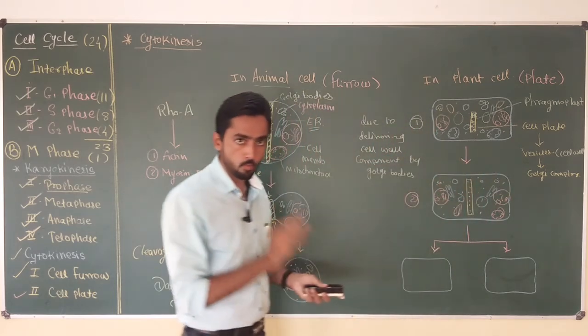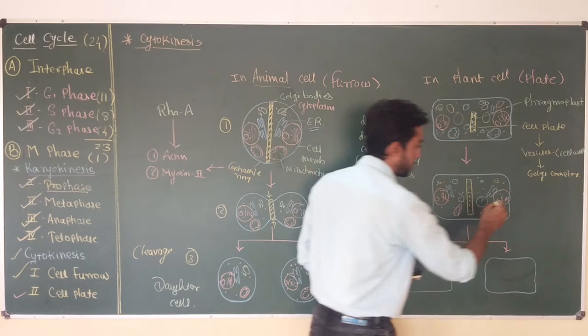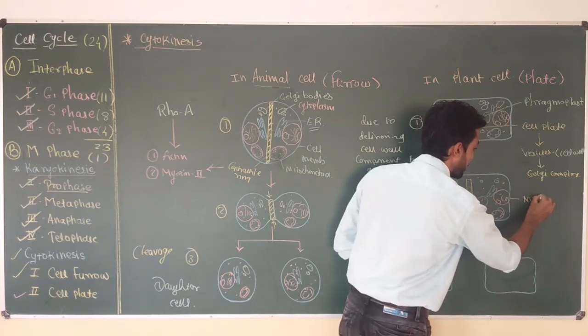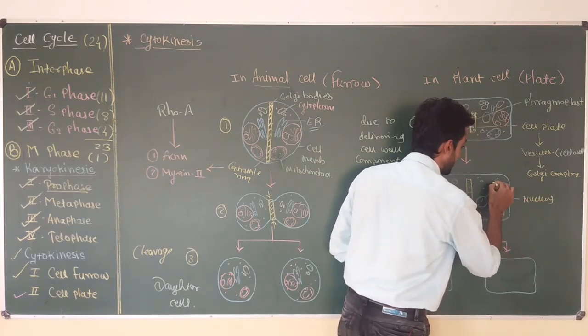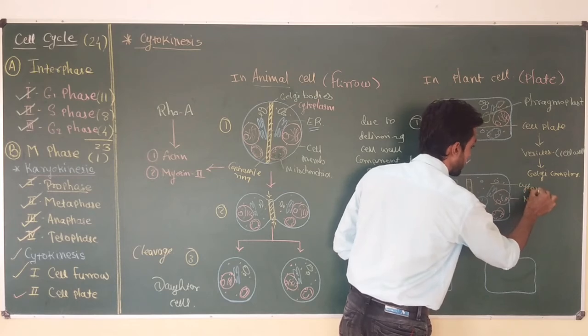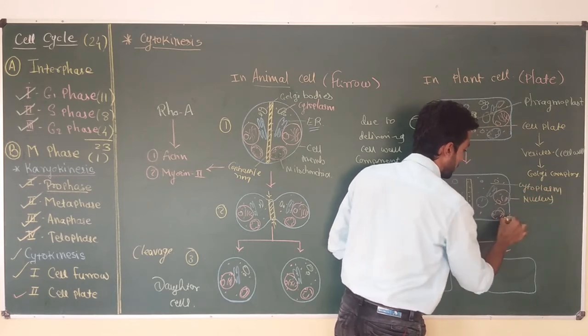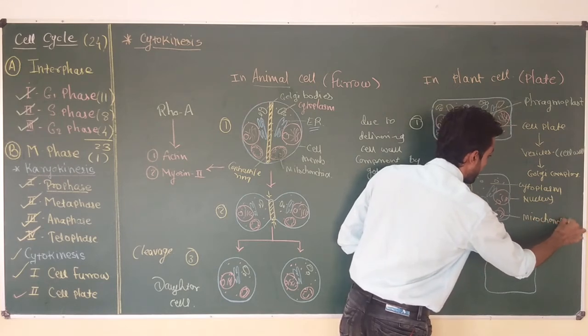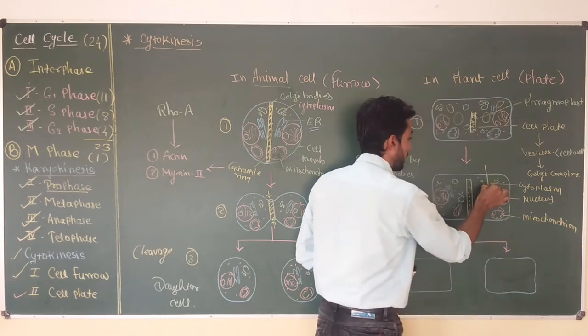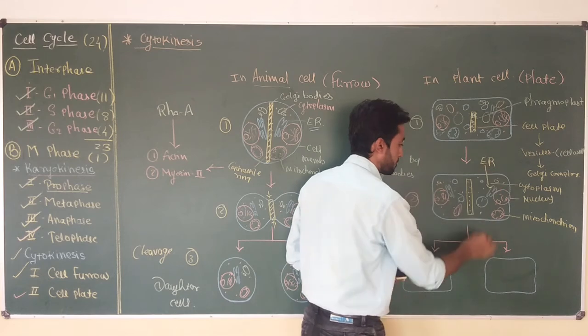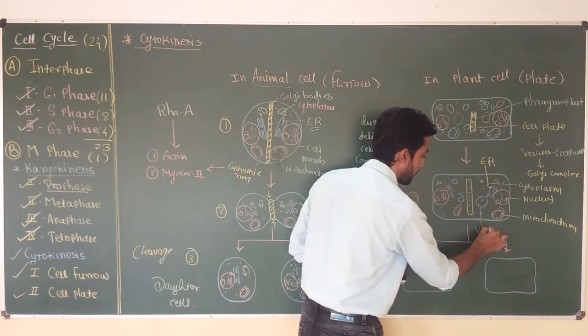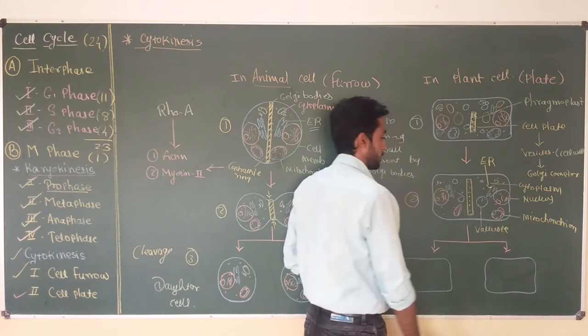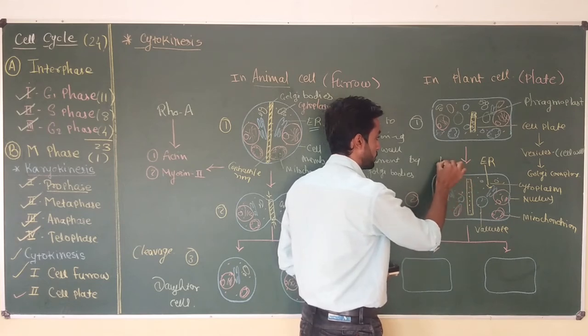If you want, you can write the name of every component like nucleus, liquid portion cytoplasm, mitochondria, endoplasmic reticulum (ER), vacuole, okay, lysosome, etc.